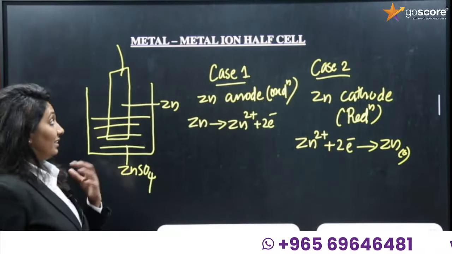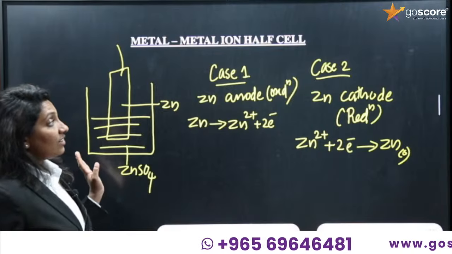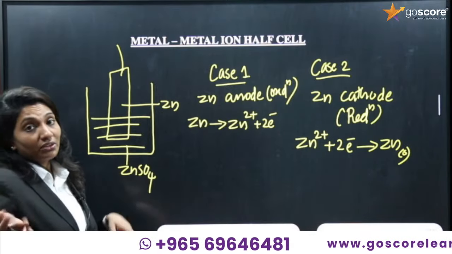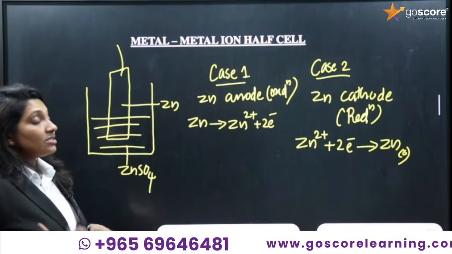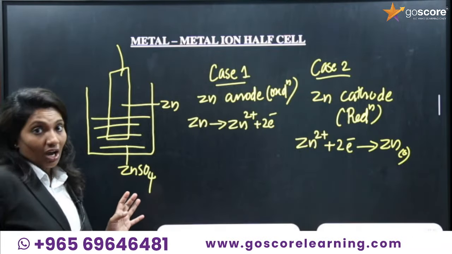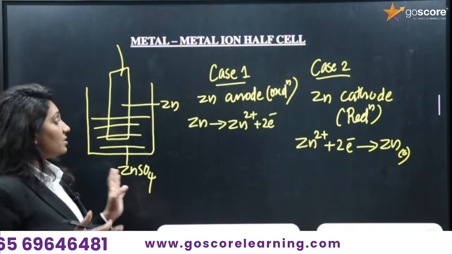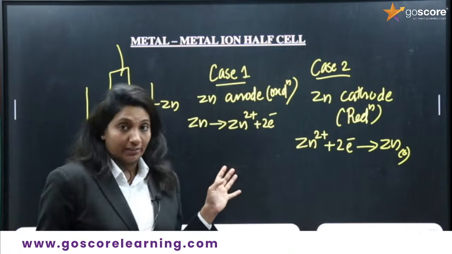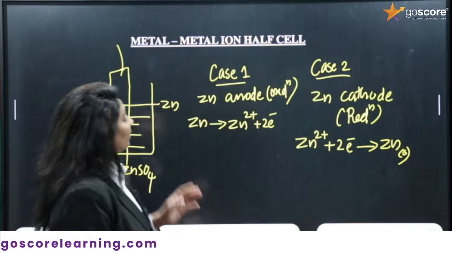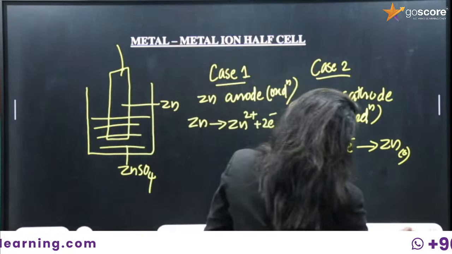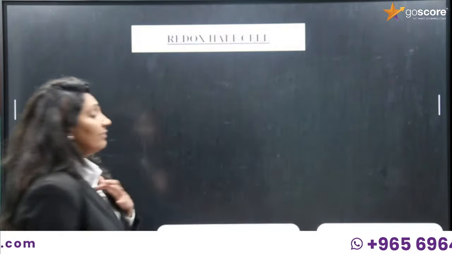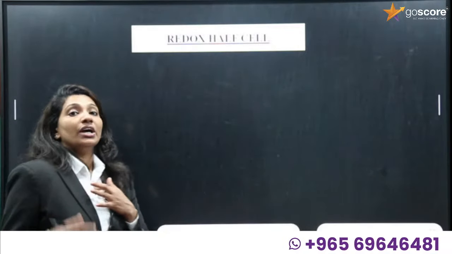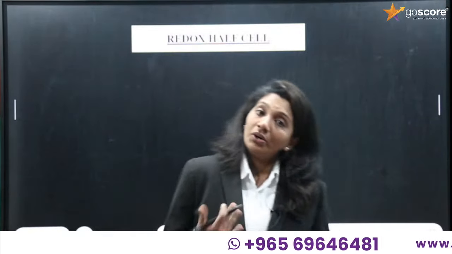So the metal or metal ion half cell, we can use either as the cathode or as the anode, and it depends on how we are using it, how we are connecting it. That depends on which one it has to be, whether it would be anode or cathode. Okay, that's about the metal ion half cells. Now see the redox half cells. I told you, in a redox reaction, what is taking place?